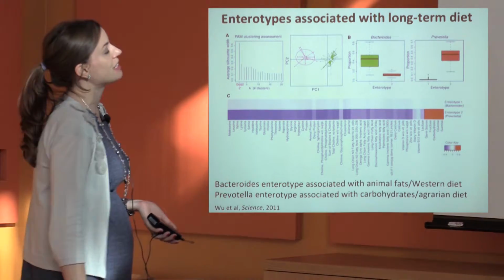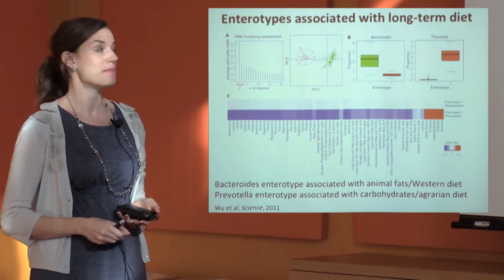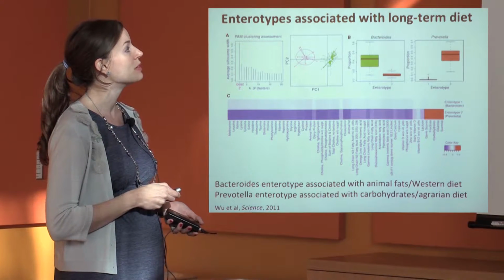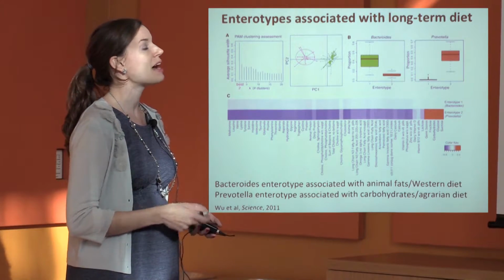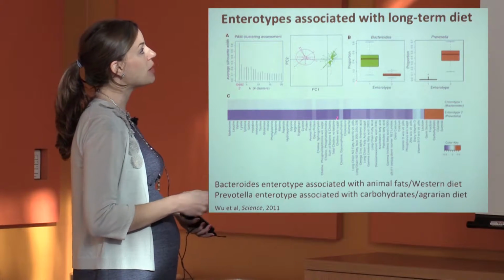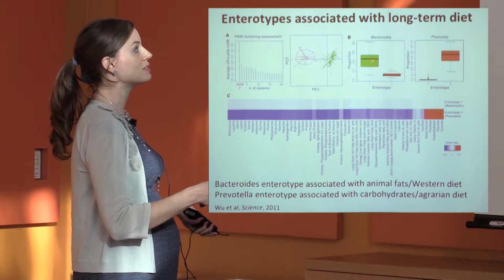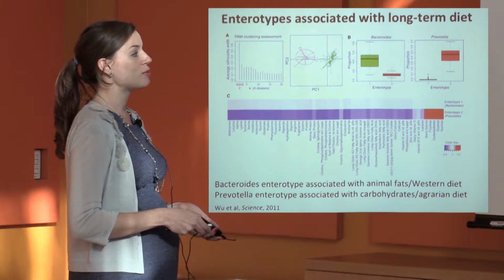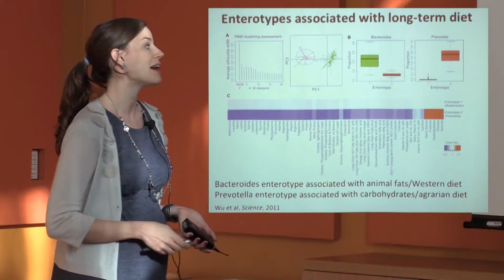So another study then looked at diet. How does your diet affect your gut microbiome? And they found that depending on what type of diet you were on, you were associated with a different enterotype. So this Bacteroides enterotype, which is shown here in this green cluster that's high in Bacteroides bacteria, was associated with people that had diets high in animal fats, for example, a Western diet.